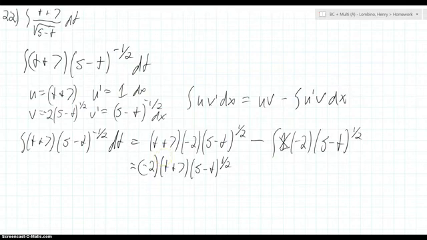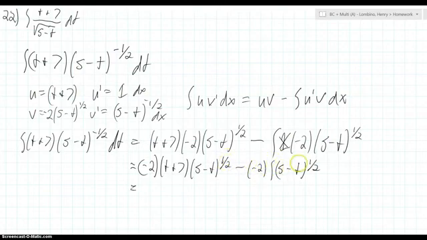I'm going to bring this negative 2 out here, so it becomes negative 2 times the integral of (5 minus t) to the 1/2, and I can solve for that.